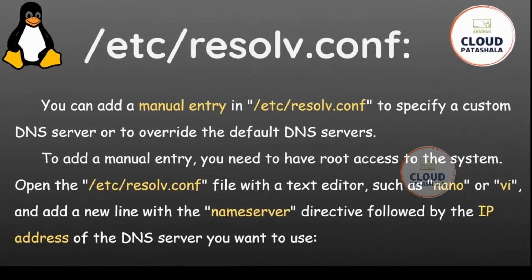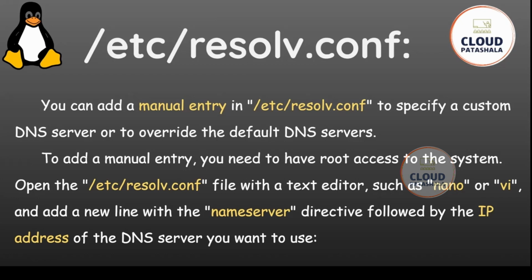You can add a manual entry in the /etc/resolv.conf to specify a custom DNS server or to override the default DNS server. To add a manual entry, you need to have root access to the system.